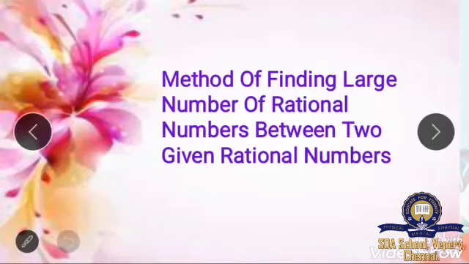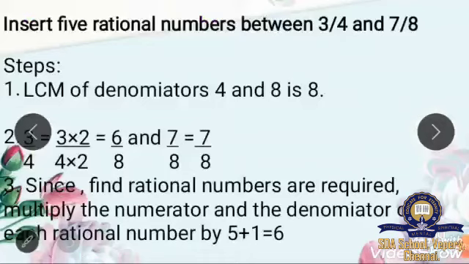Let me move on to the next topic, the method of finding a large number of rational numbers in between two given rational numbers. Now we are going to find 5 rational numbers in between 3 by 4 and 7 by 8.